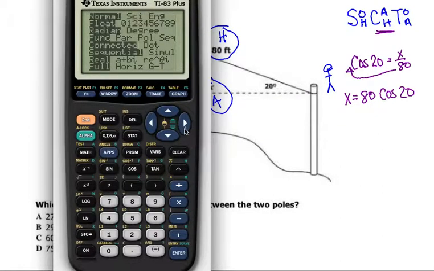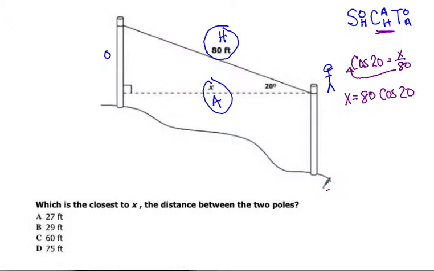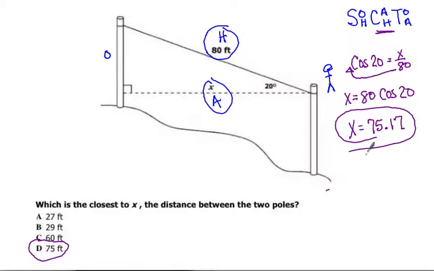Go down to radian, over to degree and hit enter, and clear. So 80 cosine 20. And your answer is going to be 75.17. So D. All right, any questions about that? Here, I'll draw you a smiley face. Yay!